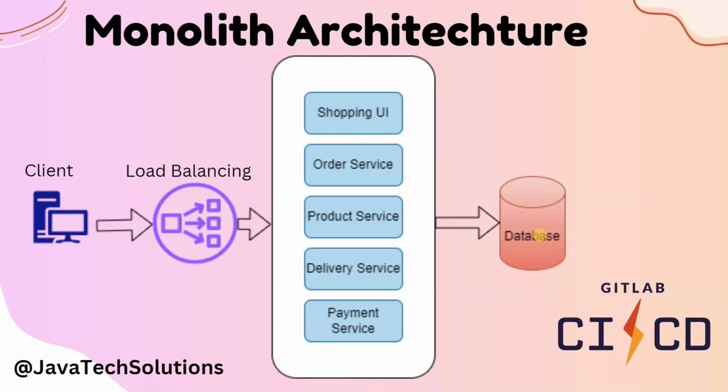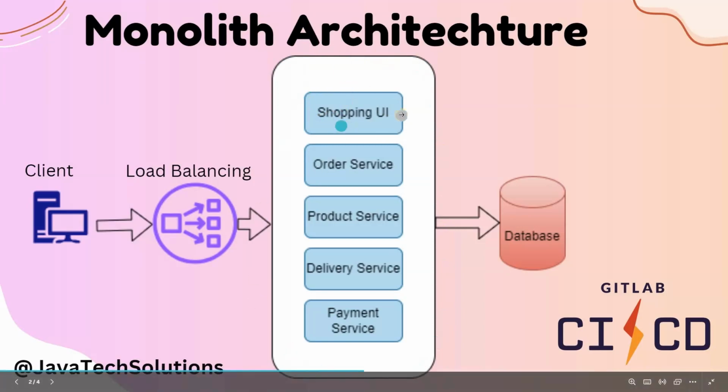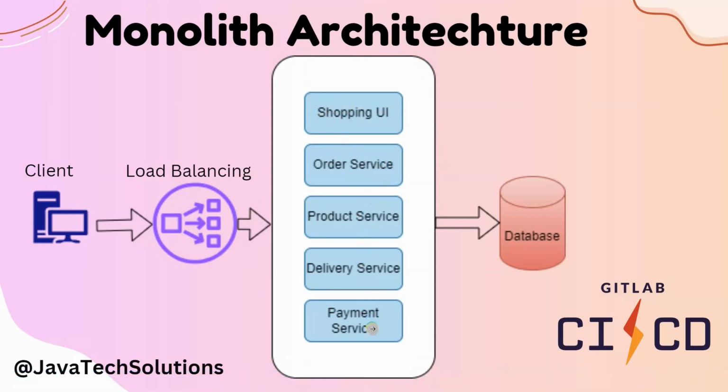So in this architecture, as you can see, this complete part, the user interface, then the different types of services I am having, like order service, product service, delivery service, and the payment service. The shopping user interface and order and all this are in a single unit.